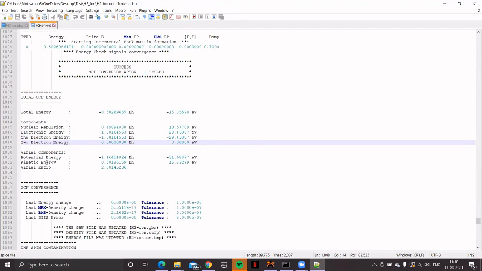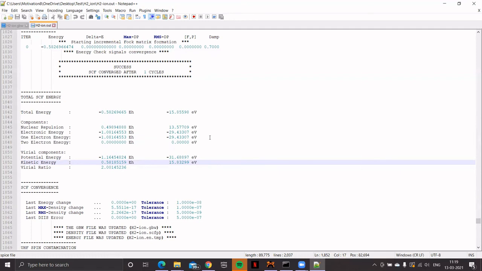Again, they have partitioned on the basis of potential energy and kinetic energy. So for the potential energy, if I sum the top three, you'll get the same value. Also, if you sum these two, you also get the same value. This kinetic energy is part of this electronic energy. That means if I sum this with the negative side, minus 29.43307 is equal to kinetic energy plus potential energy due to nucleus-electron interaction.